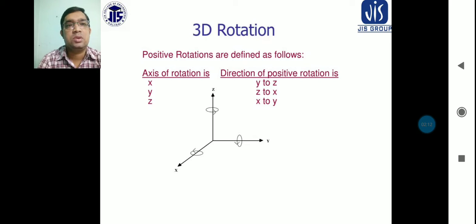This is called the axis of rotation. The axes of rotation are x, y, z, and the direction of positive rotation is y to z. That means the y axis goes to the z axis, the z axis rotates to the x axis, and the x axis rotates to the y axis. This is considered the direction of positive rotation, as seen in this figure, and this denotes the 3D rotations.